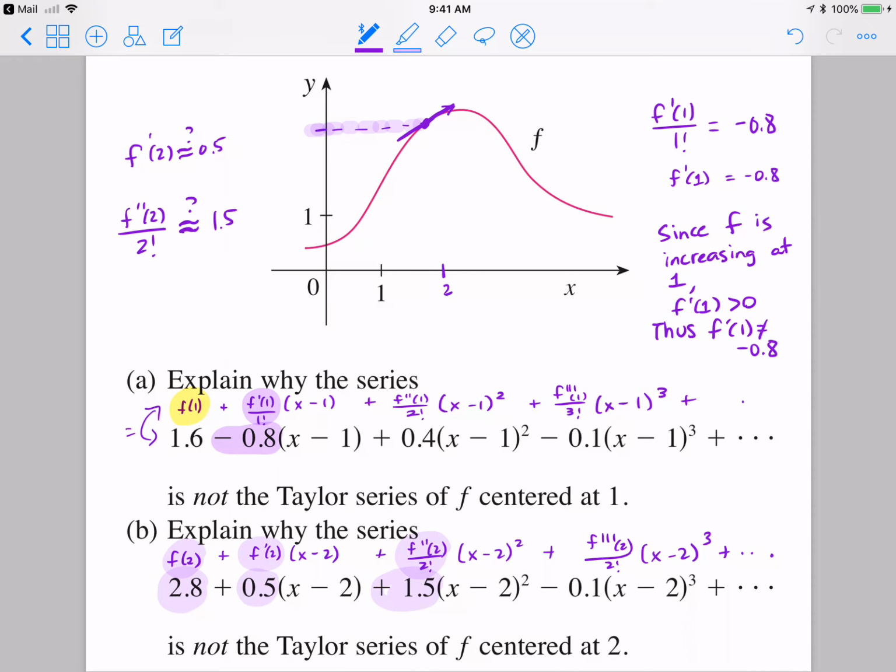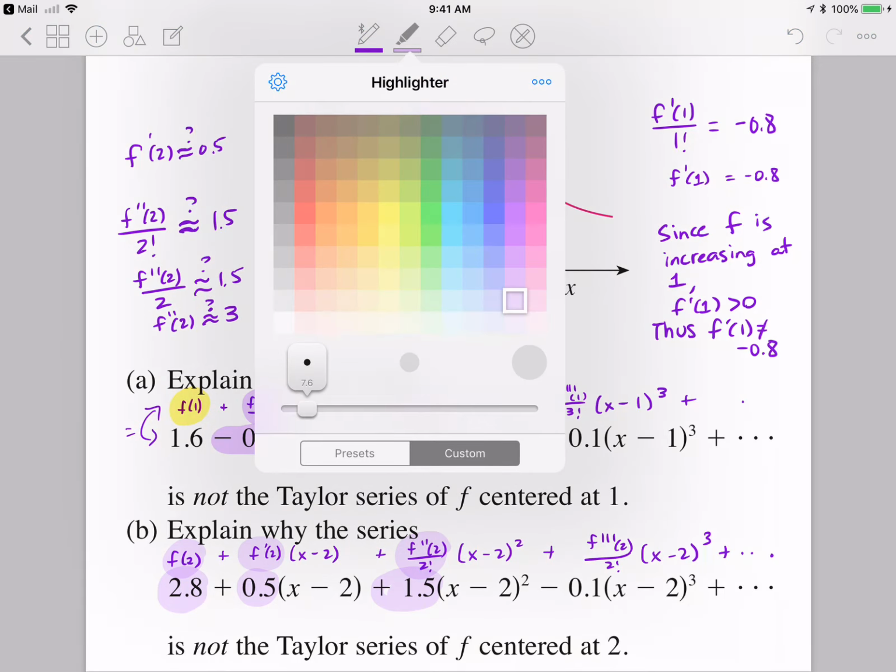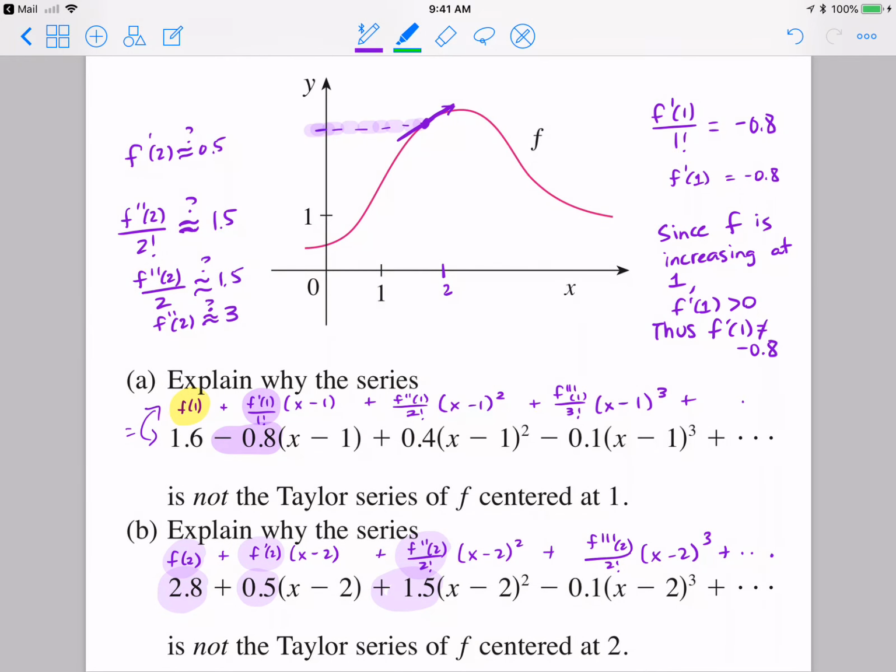Let's see here. What is 2 factorial? 2 factorial is 2. So we're saying f double prime of 2 over 2. Could that be about 1.5? Could f double prime of 2 be about 3? No. Why not? Because at 2, our function is concave down, right?